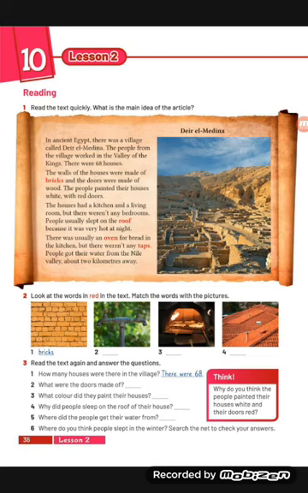The houses had a kitchen and a living room, but there weren't any bedrooms. People usually slept on the roof because it was very hot at night. There was usually an oven for bread in the kitchen, but there weren't any taps. People got their water from the Nile Valley about 2 kilometers away.